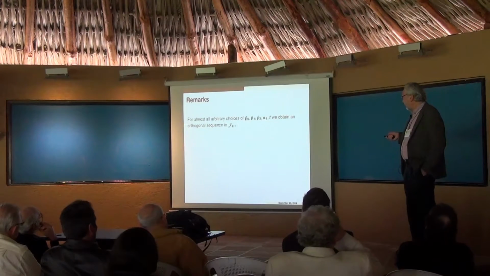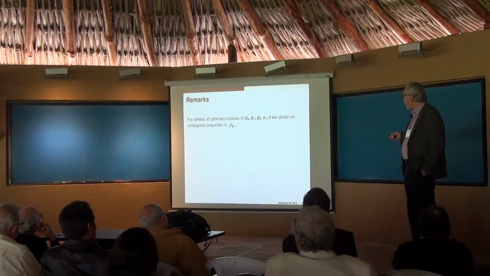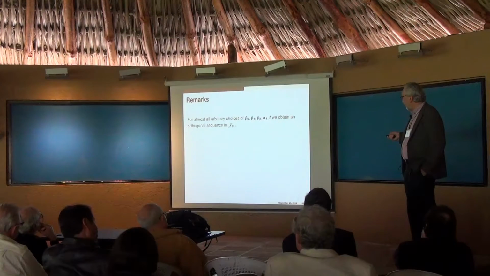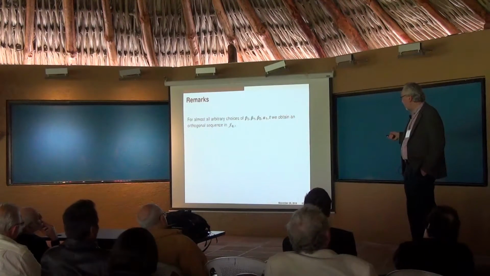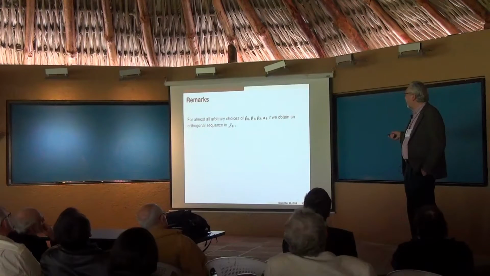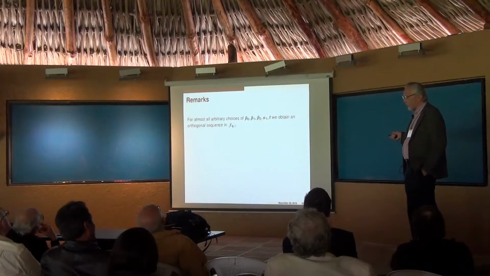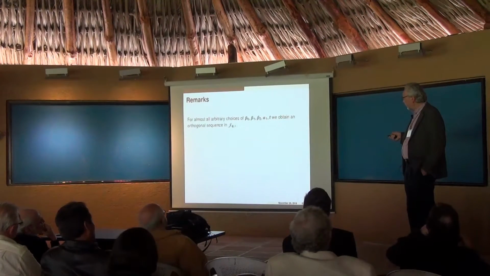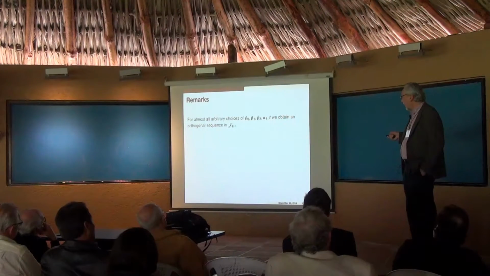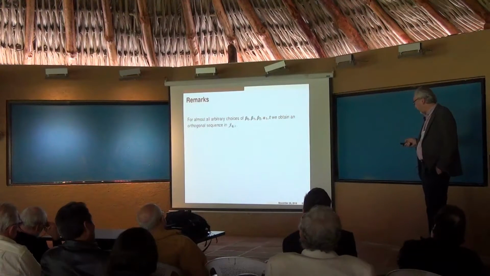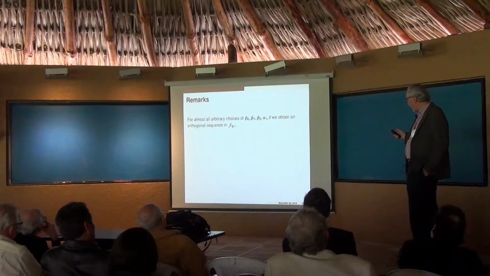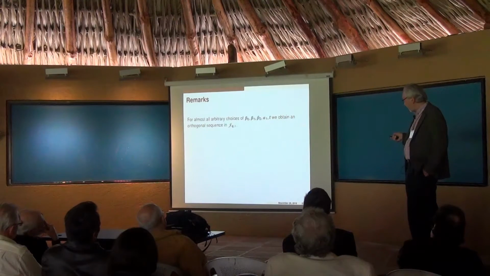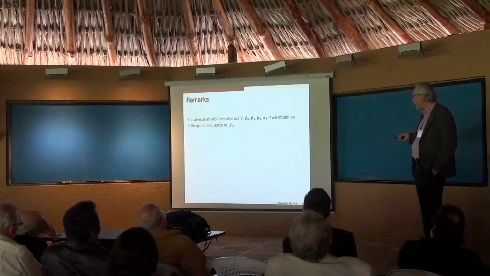It's not for every possible choice, because there are some choices for the betas that produce some alpha, like alpha 3 equals 0 or alpha 6 equals 0. That means that we have to eliminate some, maybe some hyperplanes in the four-dimensional space where the alphas become 0. Those are not acceptable.